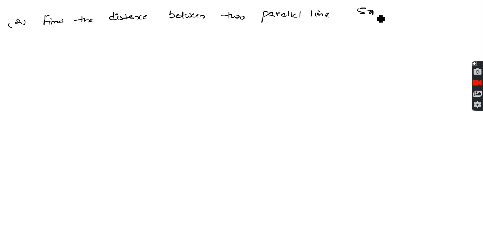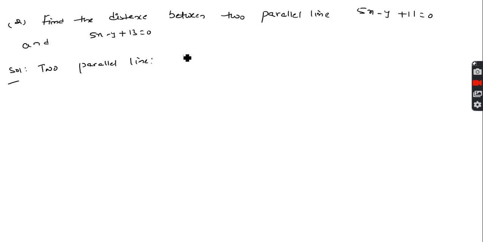What are the two parallel lines? 5x minus y plus 11 equal to 0 and 5x minus y plus 13 equal to 0. Therefore, first we have the two parallel lines.